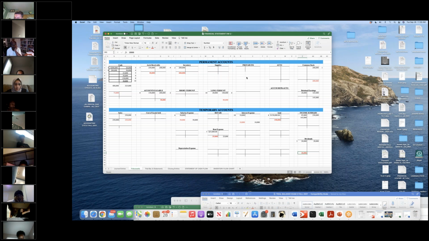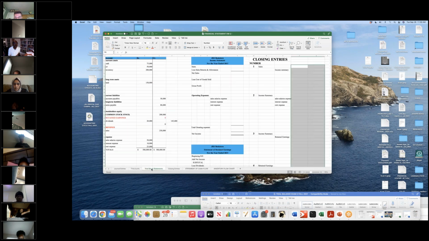So I think that one was posted correct. It just got the wrong place. So hopefully everybody can post to the ledger. Remember, you see the permanent accounts up top and the temporary accounts down bottom. You see that, correct? Now these accounts all have to be zeroed out eventually. So let's go to the trial balance. This is what the trial balance would look like.